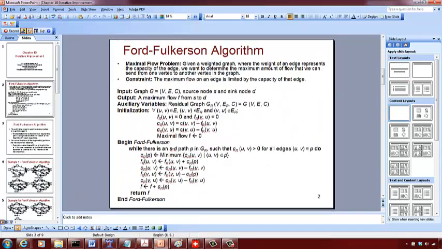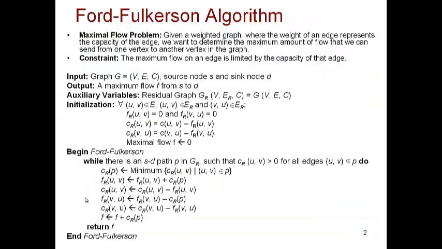So the formula to calculate this: once you find the minimum bottleneck edge capacity that you want to send, the flow from U to V is added to whatever you have. And the capacity of the edge in the residual graph is the capacity before sending the flow minus the flow you are sending.